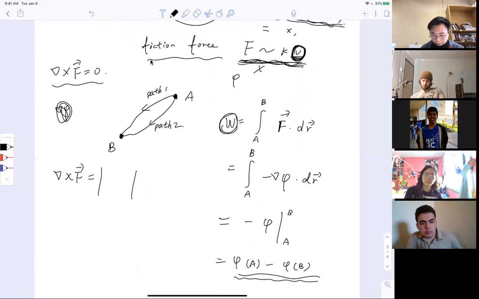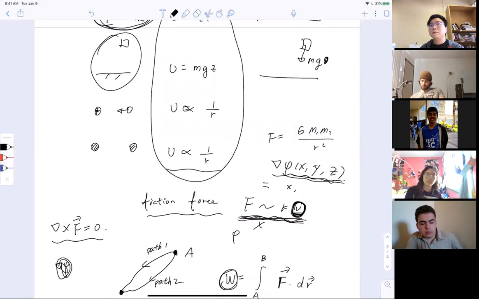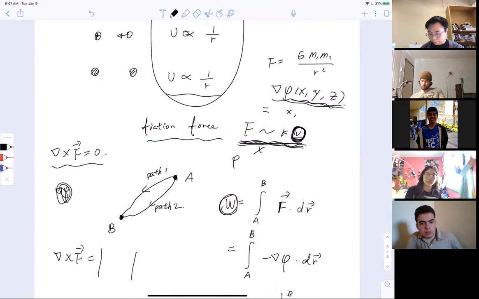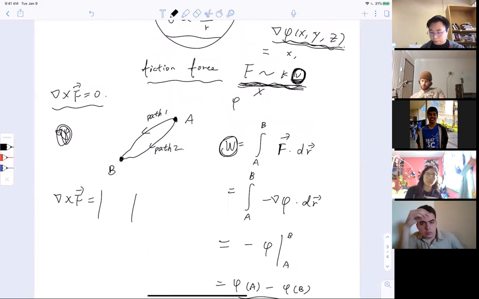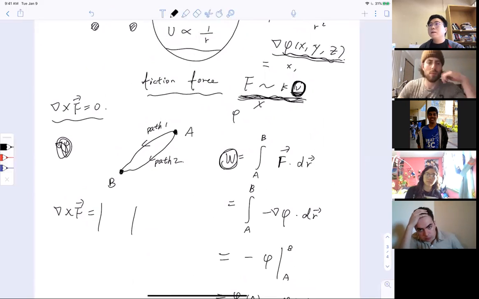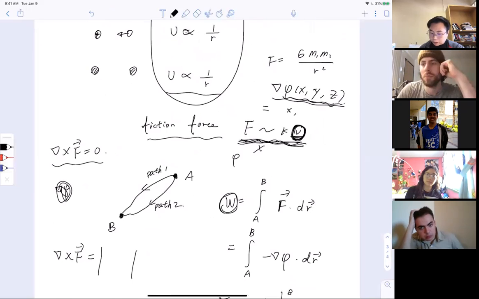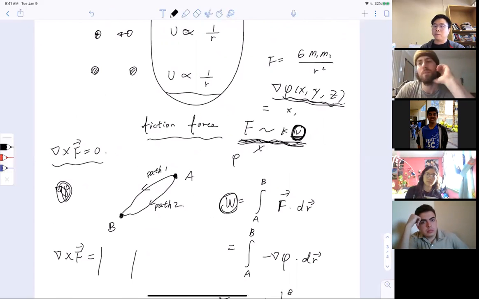Okay, so is it clear? Basically, if this force wants to be a conservative force, the first step is that it needs to be velocity independent.